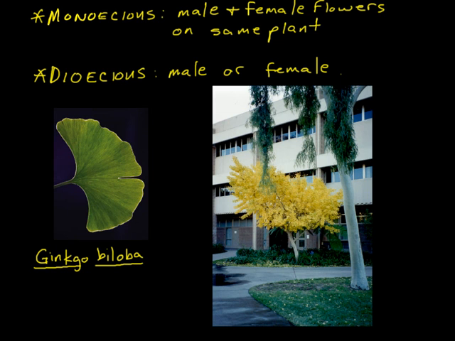And a problem with it is it's a dioecious plant, and that in and of itself is not a problem, in that both male and female trees will turn yellow like this. But the problem is the female trees produce a lot of fruit, and these fruits are probably in the size of small plums, a little bit smaller than a golf ball, let's say.